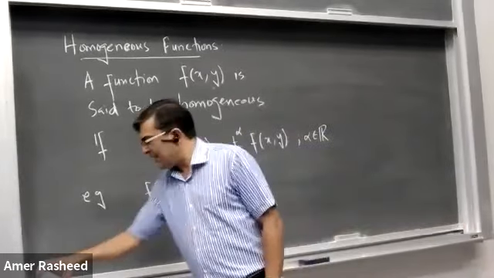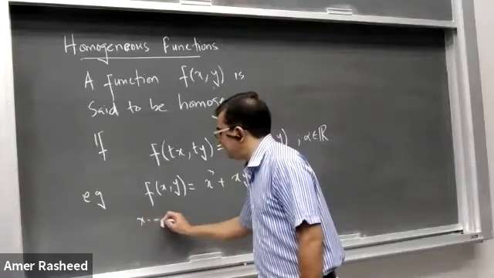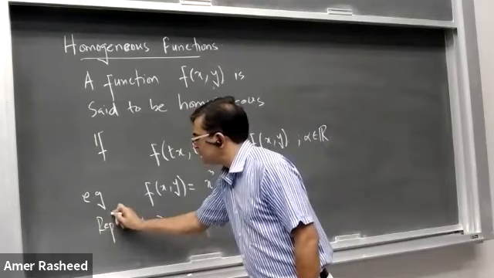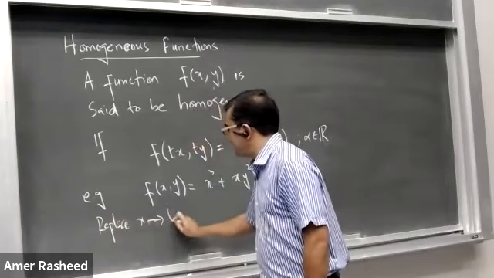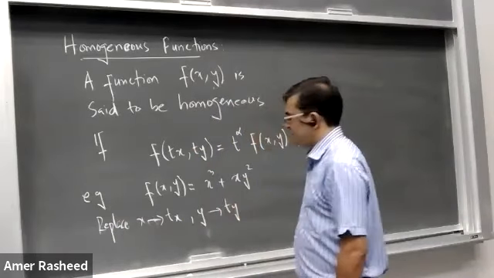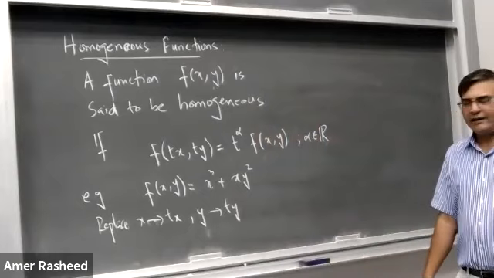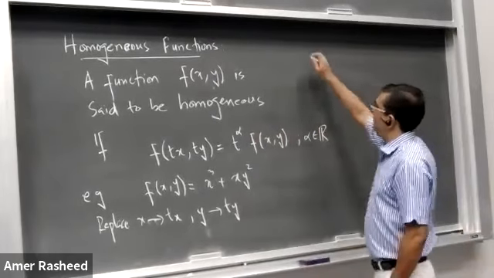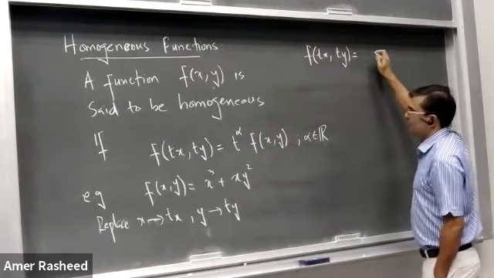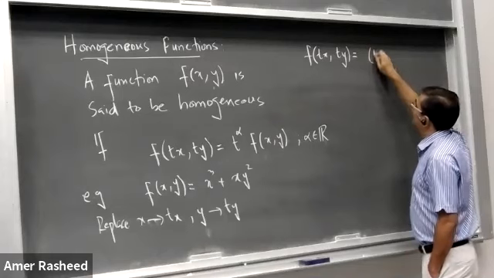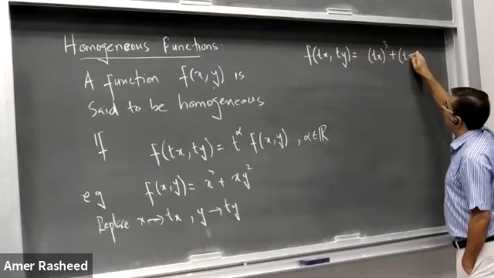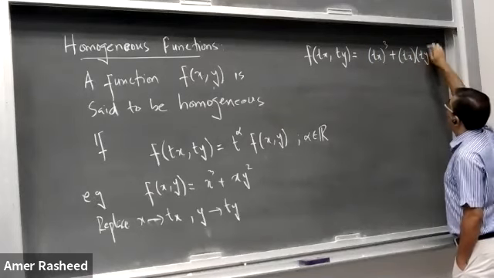Now, if we replace x by tx and y by ty at every instance of this function, it becomes f of tx, ty equal to tx whole cube plus tx times ty whole square.